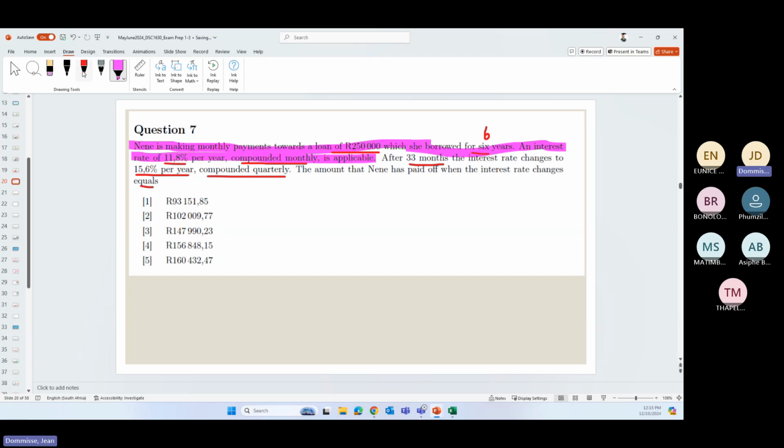So we basically have a present value. That is what she borrowed.